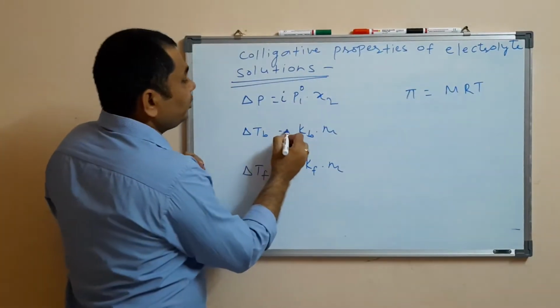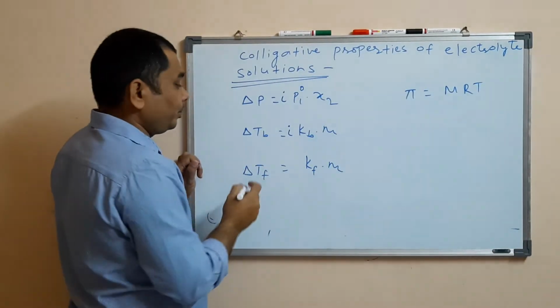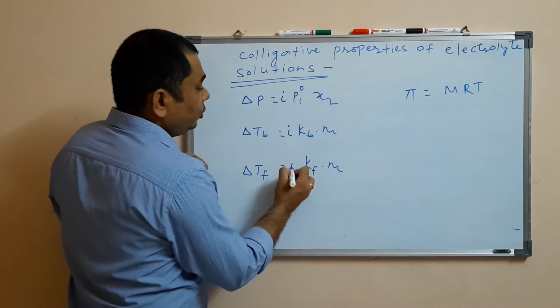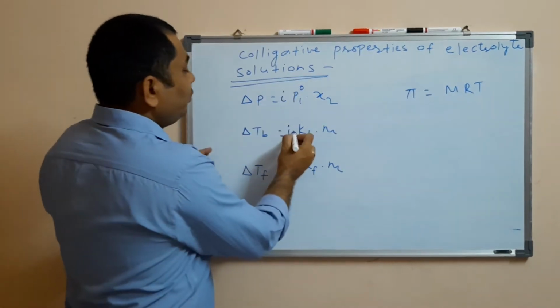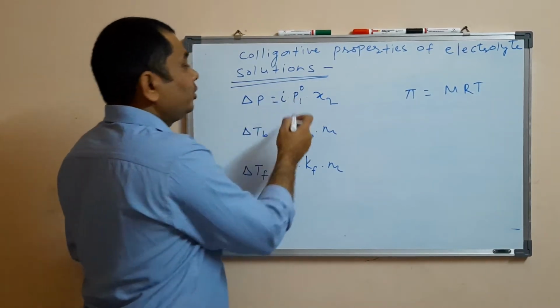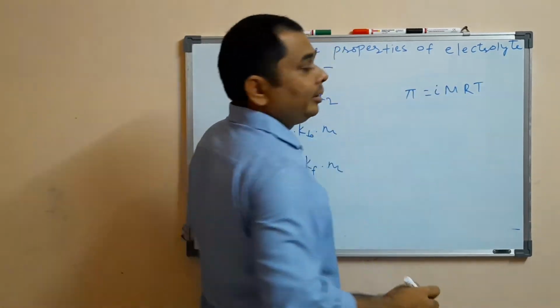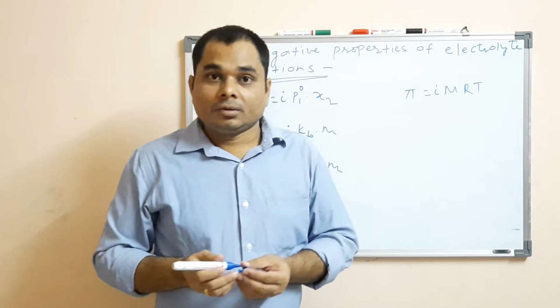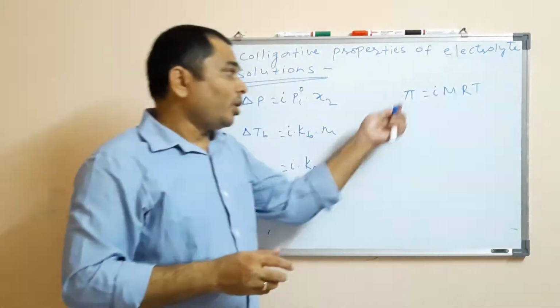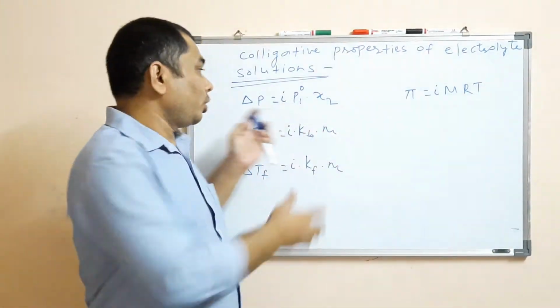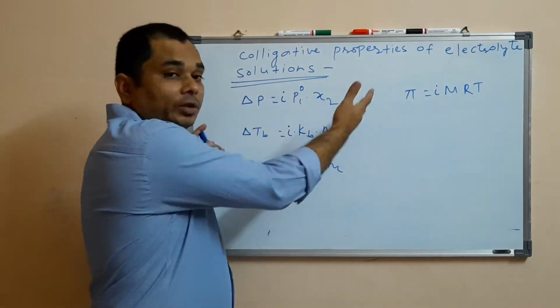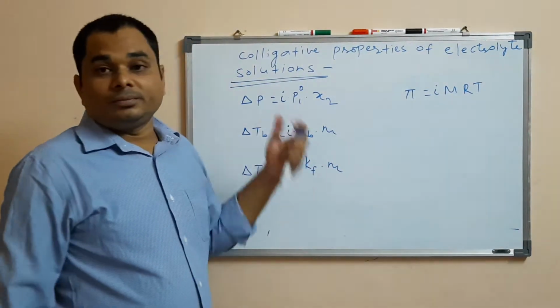Similarly, delta Tb is equal to i into Kb into m. Similarly, delta Tf is equal to i Kf m. So this correction we have to introduce. Okay, so this is the use of Van't-Hoff factor. Similarly, here pi is equal to i MRT. Okay, so this is how this formula can then be used for relating colligative properties with other quantities like concentration.